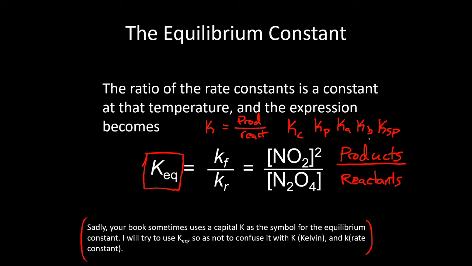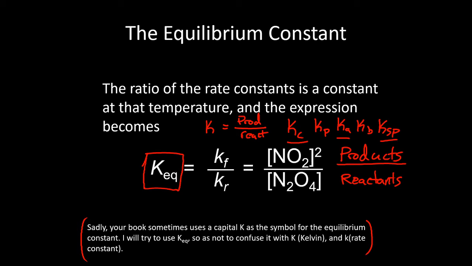A is for acids, B is for bases, Sp is for solubility products, P is for pressure of a gas. So we have all these different Ks that we use, and it's going to be a little bit of a pain to keep track of what's what. Usually, though, we're going to use Kc in this chapter anyway. In the next chapter, the most common one we'll use will be Ka. And then in the one after that, it will be Ksp.